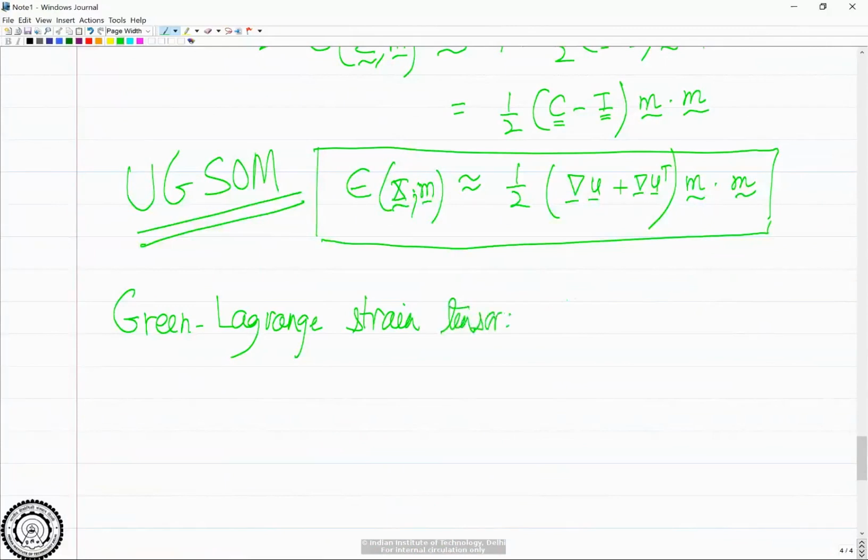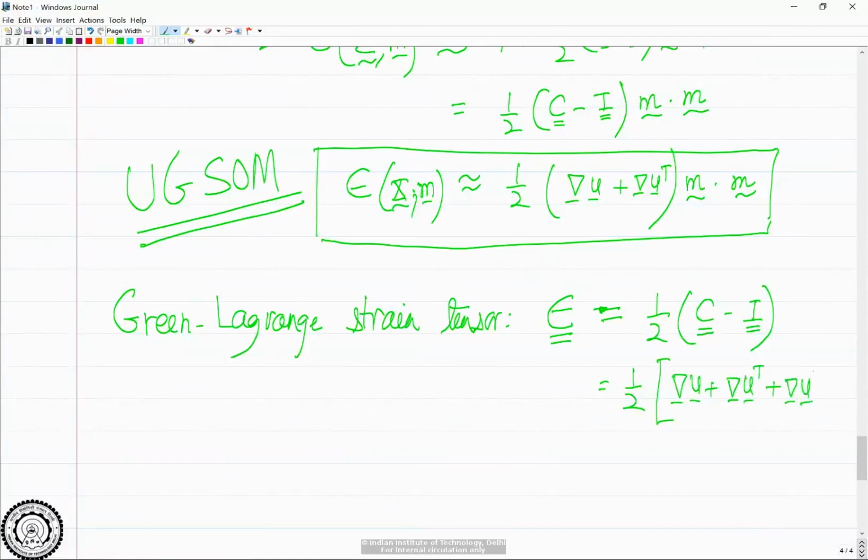It is denoted by epsilon, and it is equal to half of C minus I, which is the same as half of grad U plus grad U transpose plus grad U transpose into grad U. So it also has a quadratic term in displacement.